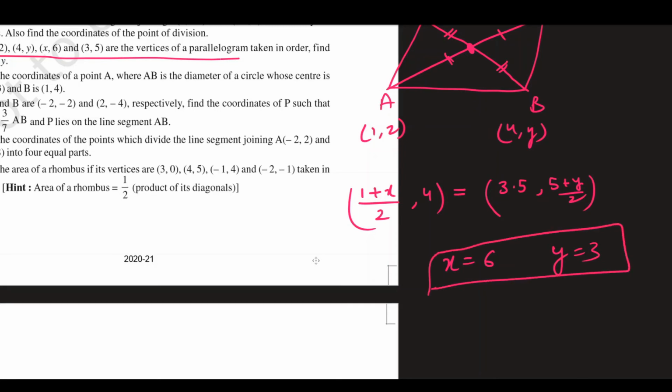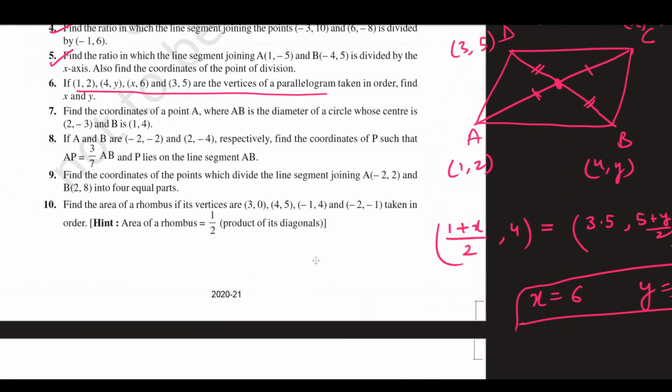Okay. So the next question is find the coordinates such that AB is a diameter. That is a simple question. Just make this point equal to the midpoint of AB and you can calculate that. The next question is also a simple question. You are given the ratio, but remember, in this case it is AB and P is here.